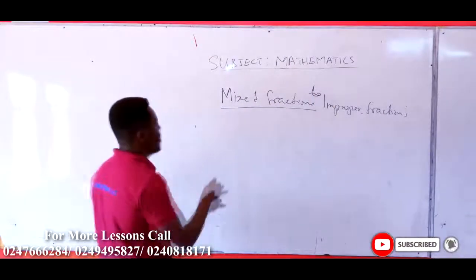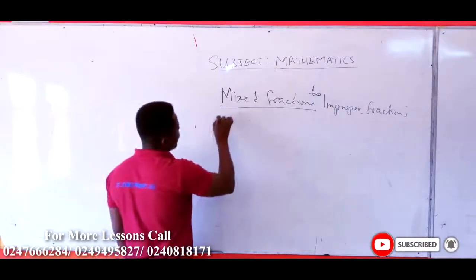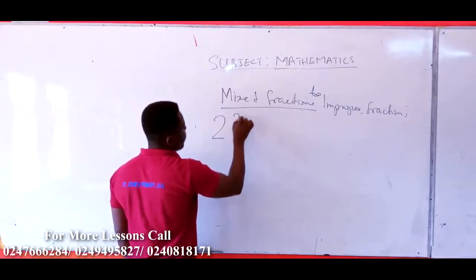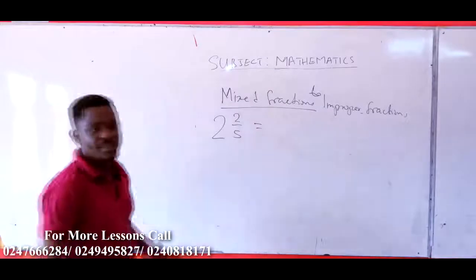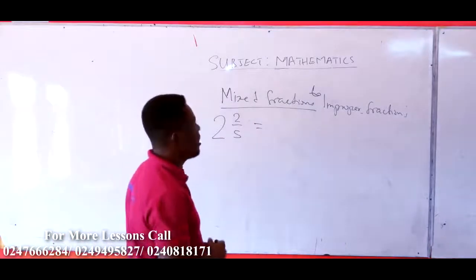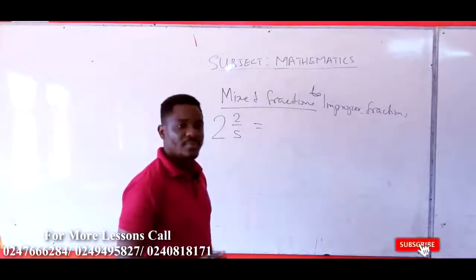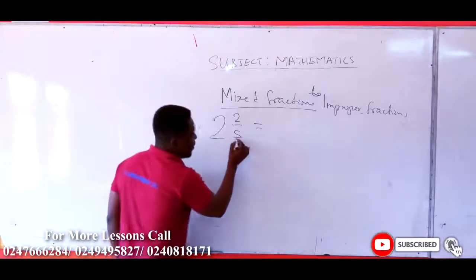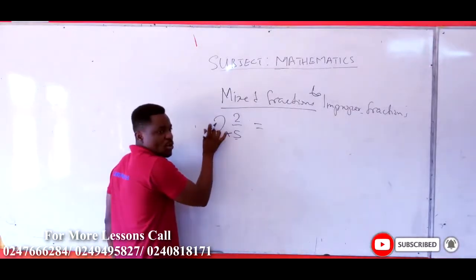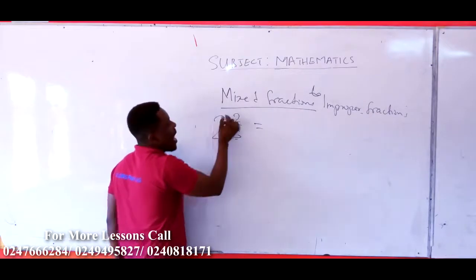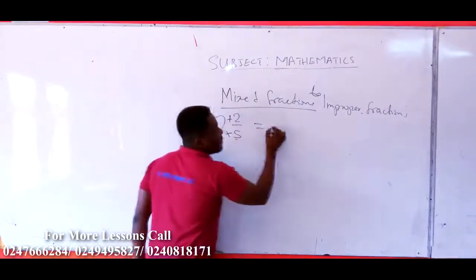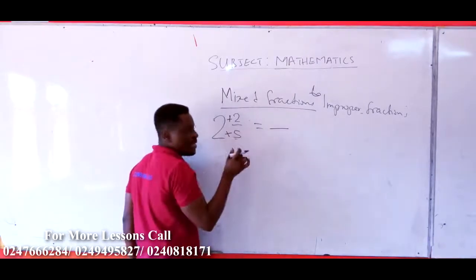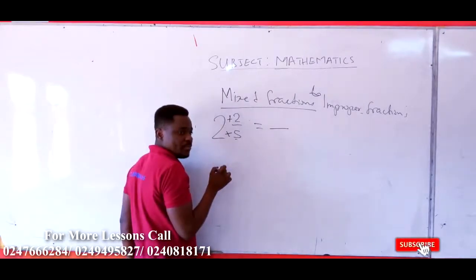Look here, I have 2 whole number 2 over 5. I am going to convert this to an improper fraction. How do you do it? You multiply the denominator by the whole number. Then you add the result to the numerator. Then you write it on top as your new numerator over the old denominator.